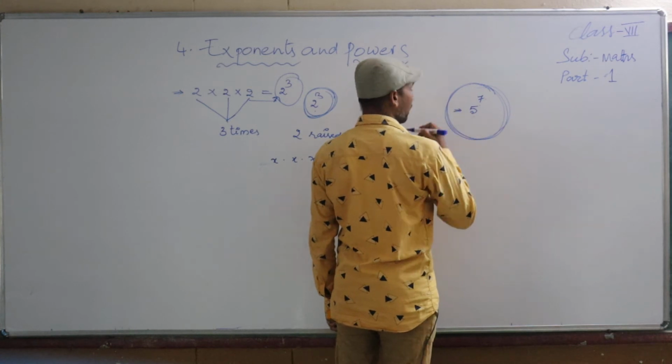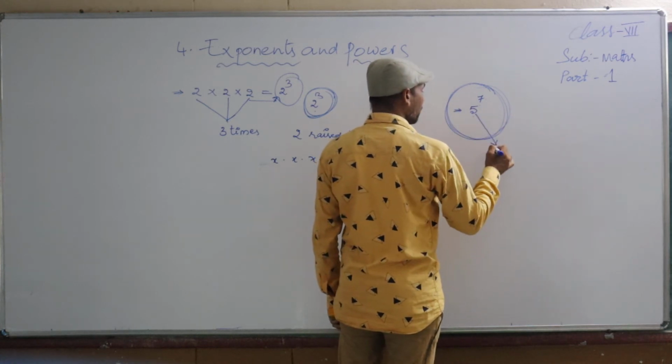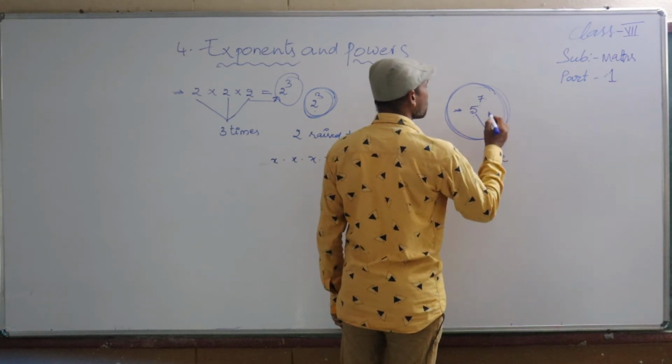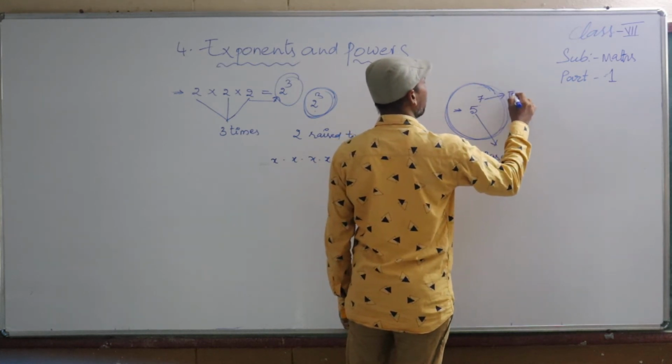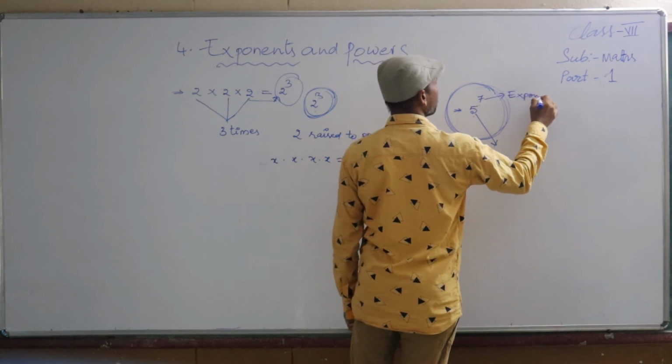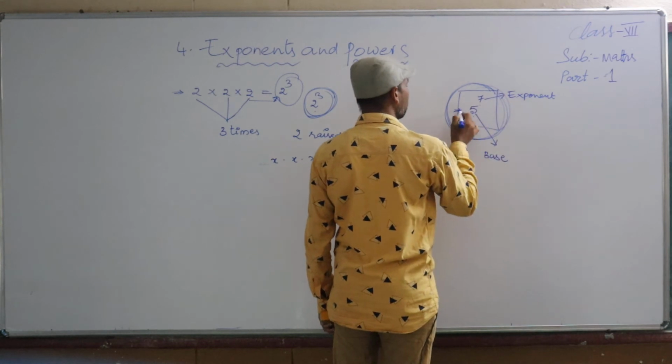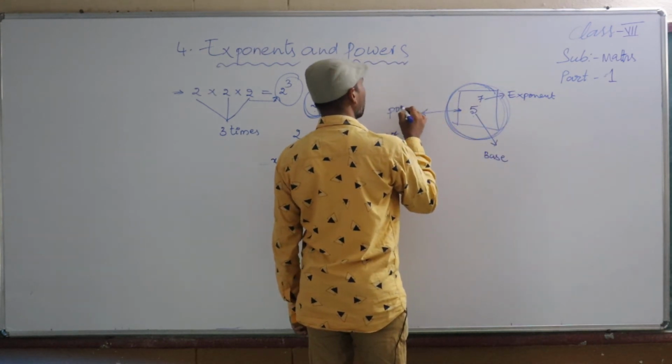In 5 power 7, the 5 we call the base, this 7 we call the exponent. Very carefully children, this total is nothing but the power.